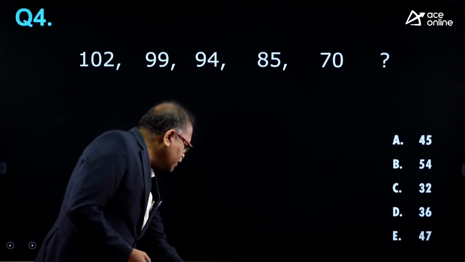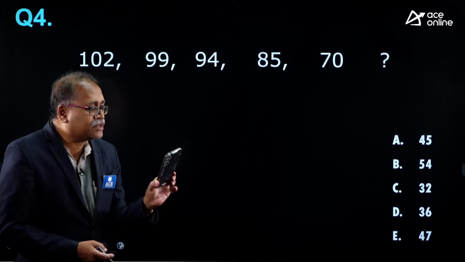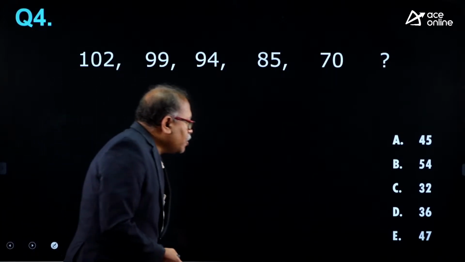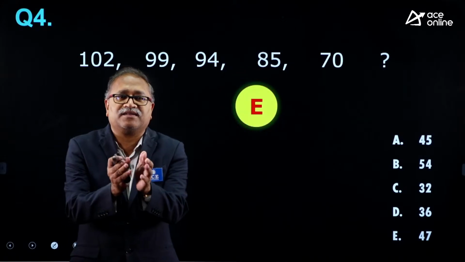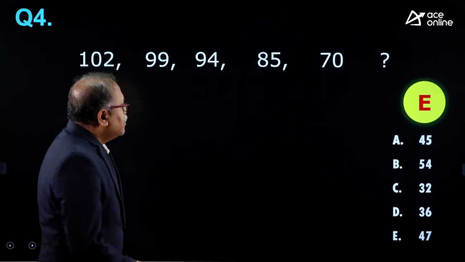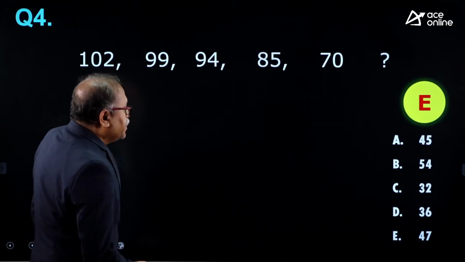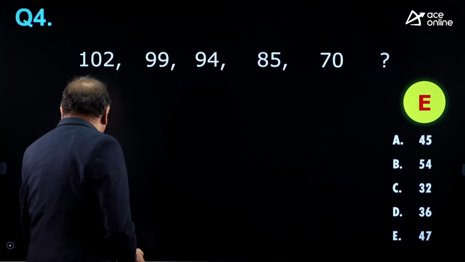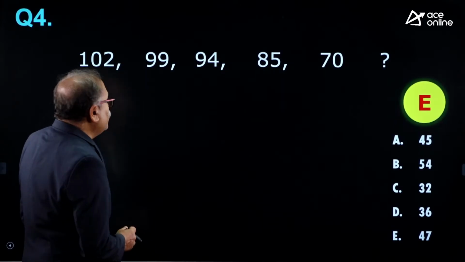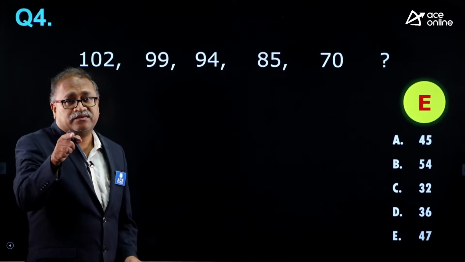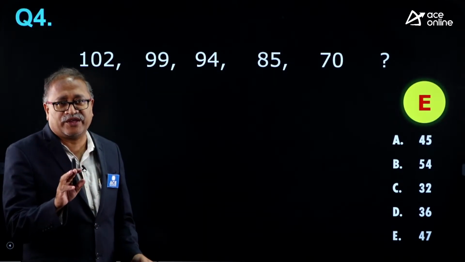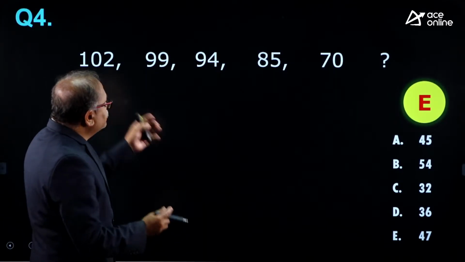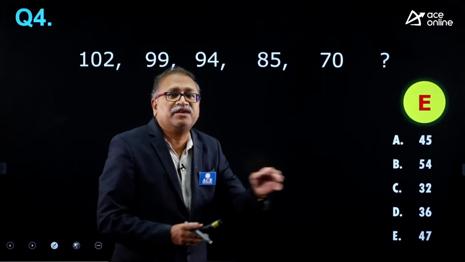So, has anyone answered the question? Once again, solution for success, option E of 47. Yeah, that is right, my dear friend. You beautifully answered the question. So, how did you answer it? Let me know that. You notice that the numbers are in a decreasing order, and you have seen that the decreasing order is at a very low rate.